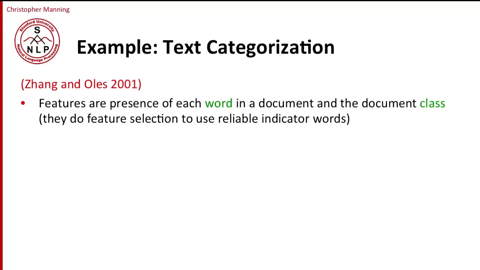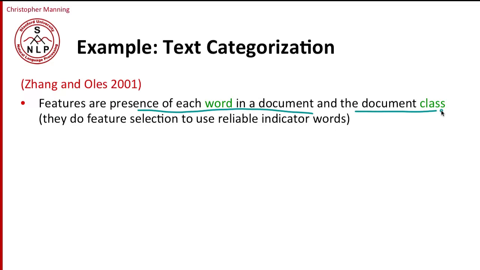So looking at a couple of examples in more detail, let's just go through a couple of bits of work on feature-based classifiers. Zhang and Oles was one well-known piece of work for doing text categorization. And so the features that they used are precisely bag of words features. So the features are precisely presence of a word in the document and the document class.